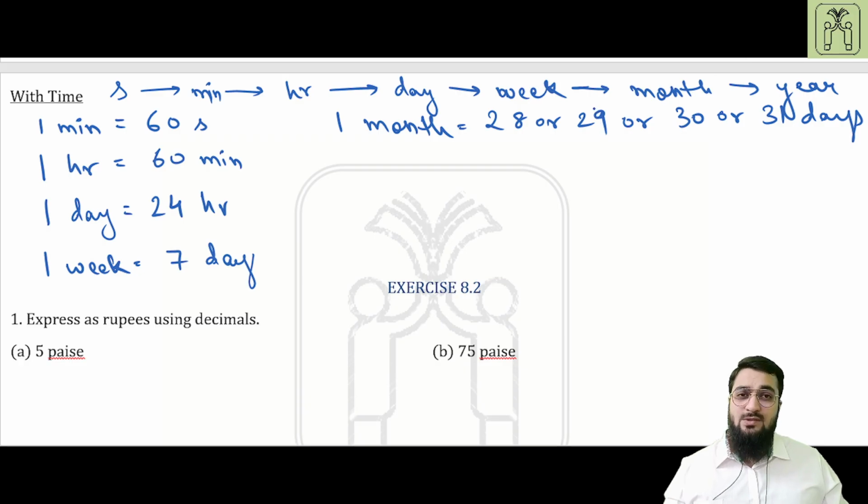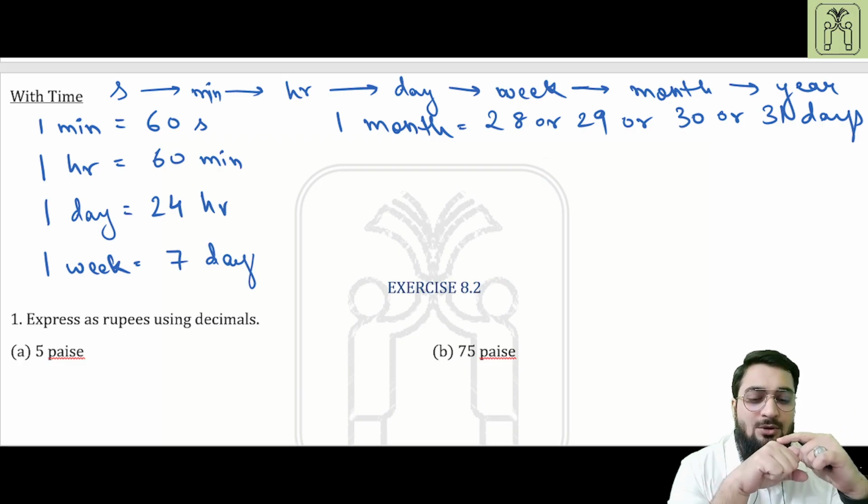So months such as April will have 30 days, and months such as January and March will have 31 days. You might know the concept of counting the months on our hands. All those months which come on the knuckles will have 31 days. So January, February, March, again on knuckles 31 days. April, May, June, July.